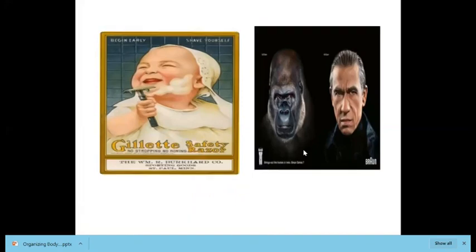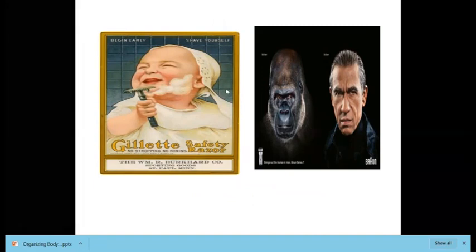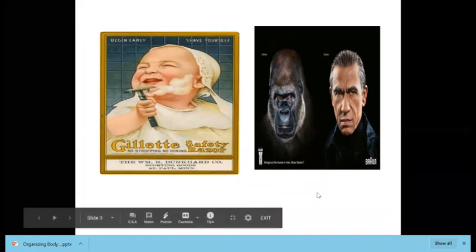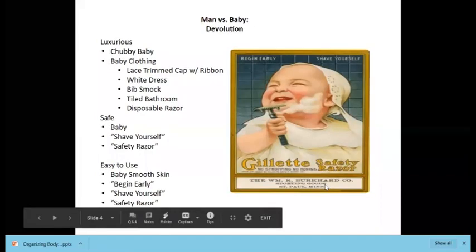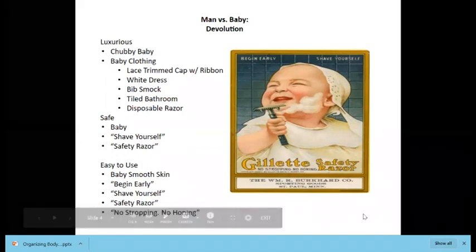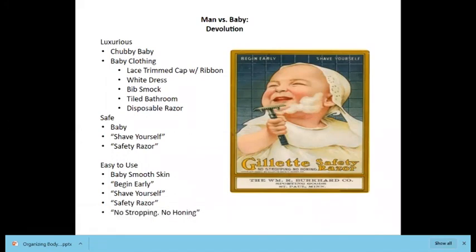So just to remind you briefly, here are the 2 shaving ads that we have been looking at. Of course, we have our shaving baby and our man and gorilla. When you get started on this, you'll recall that one of the first things that we did was, using those questions in the book, come up with a list of all the details that we notice.